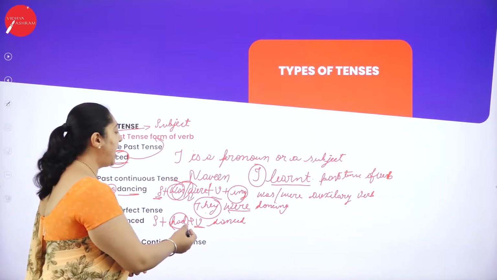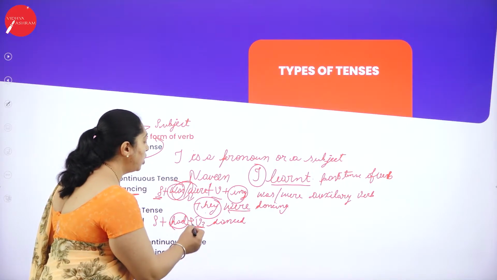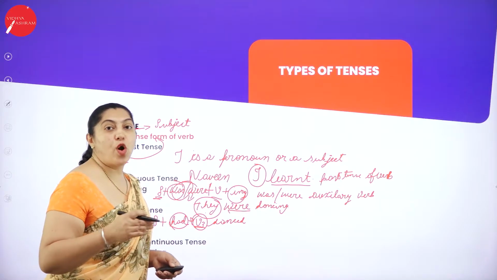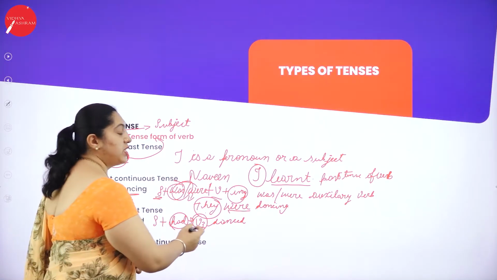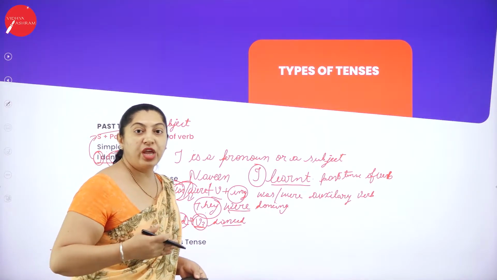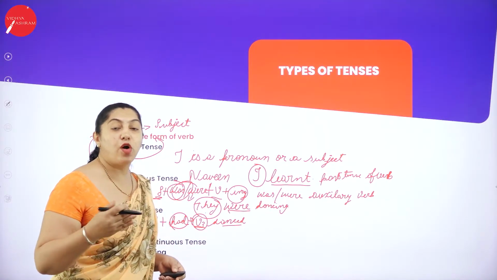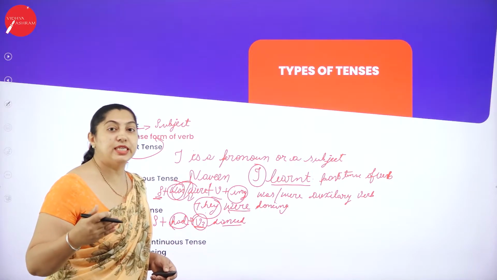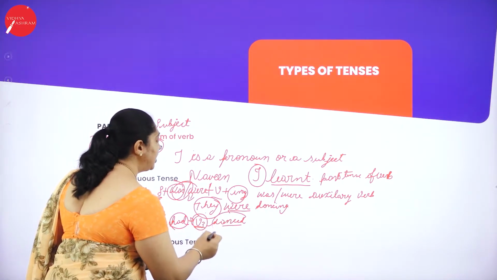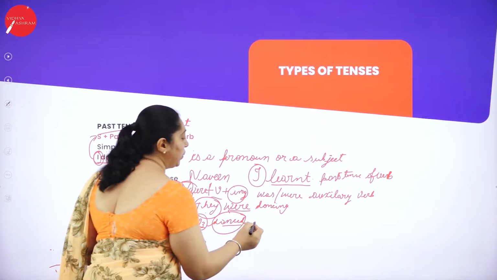Subject plus had plus V3. What is V3 here? V3 is the third form of the verb. Danced is the second form in the past tense and the third form, the past participle. For example, I'll change this word dance to eat.